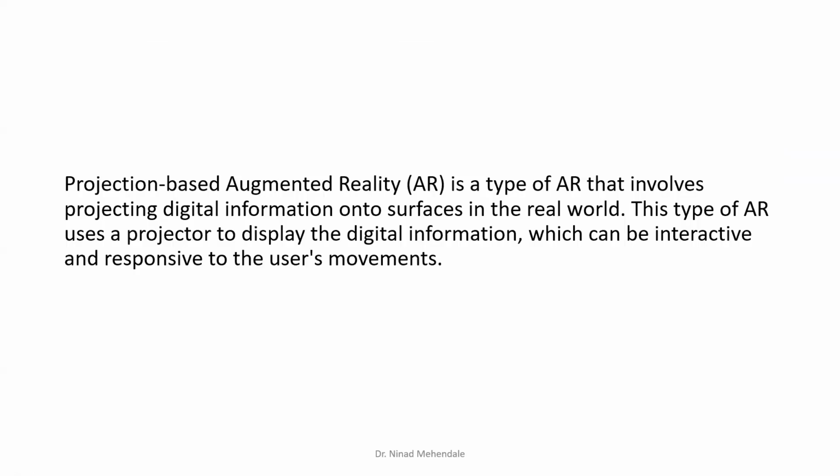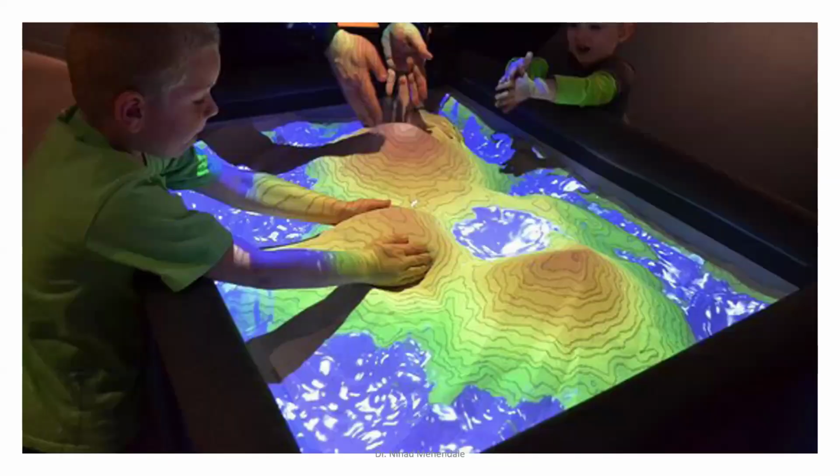Next comes projection based augmented reality. So what is projection based augmented reality? This is an example of projection based augmented reality, and you can see the only issue is the shadows. When you put projections, and if you put your hands on it, you can see the hands are getting projected, and in real sense the height is represented by the color.